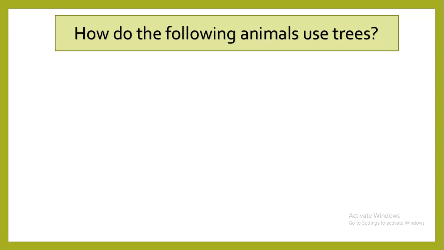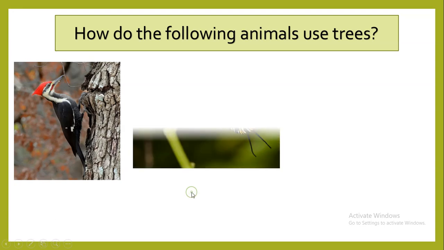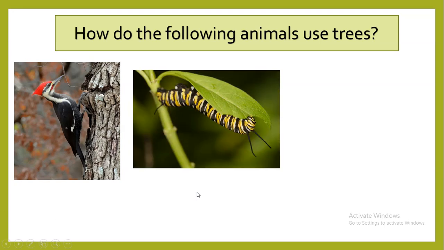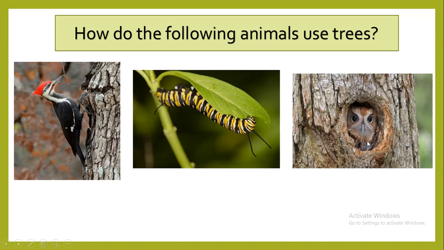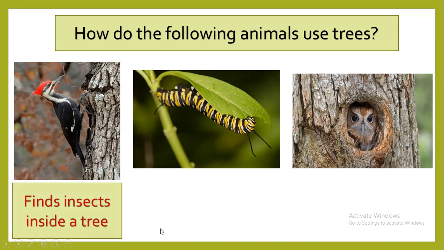Now to the exercise. How do the following animals use trees? A woodpecker, caterpillar, and owl. Let's start with a woodpecker. What do you think? How does a woodpecker use trees? As we mentioned before, it uses its beak to find insects.